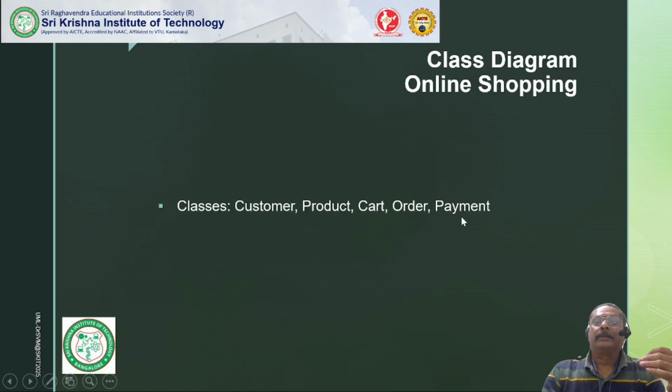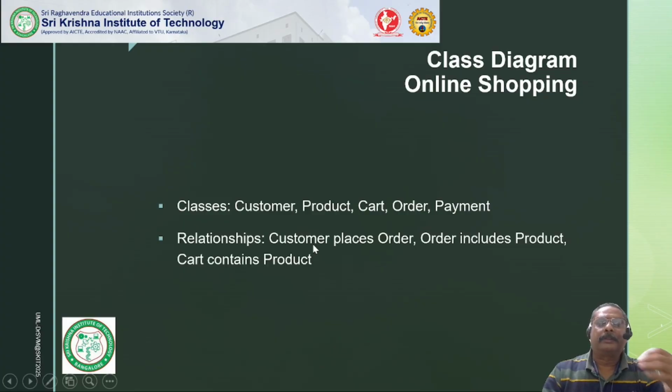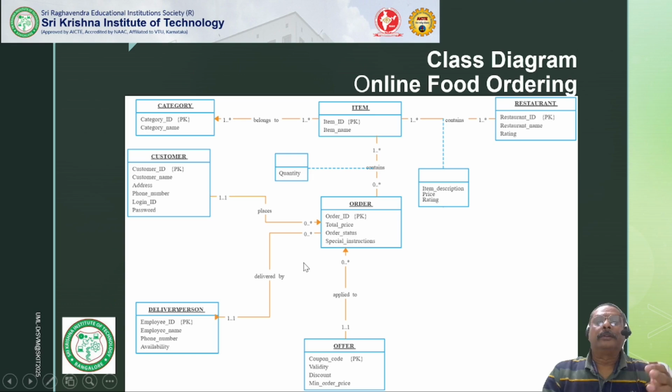relations. Now looking at the example for online shopping, the classes are customer, product, cart, order, payment. Relationships: customer places order, order includes product, cart contains the product, and so on. That's how the class diagram looks for an online food ordering system. We have customer, category, delivery person, order, items, offers, and restaurant, and all these are related.